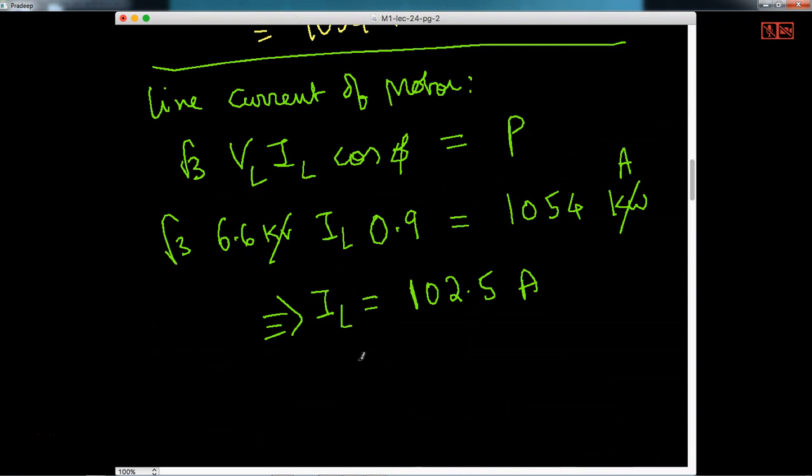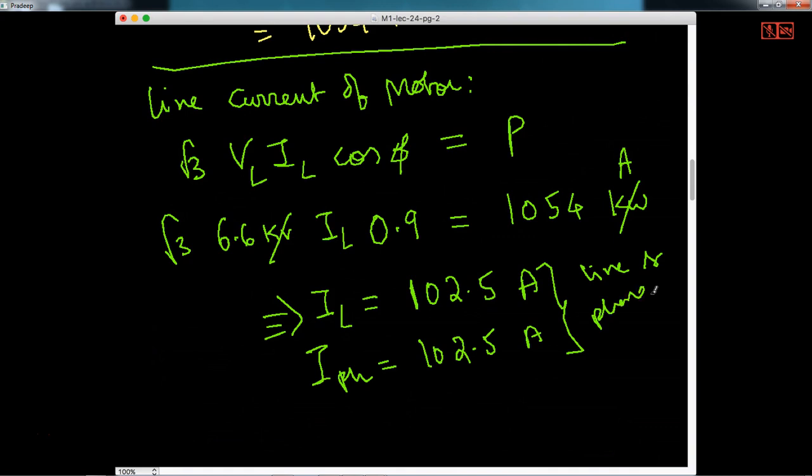Now this is the phase current of the motor also, because the motor is star connected. Line and phase currents of motor. So once I have this, next look at the diagram.